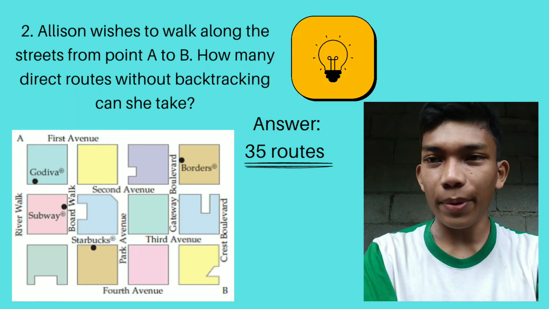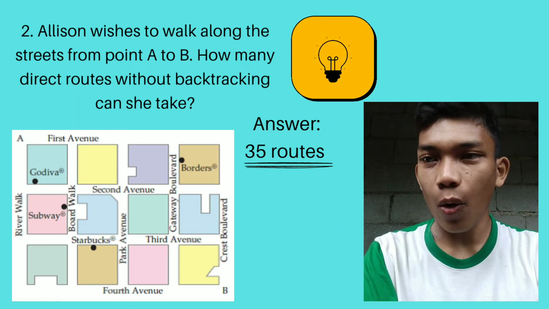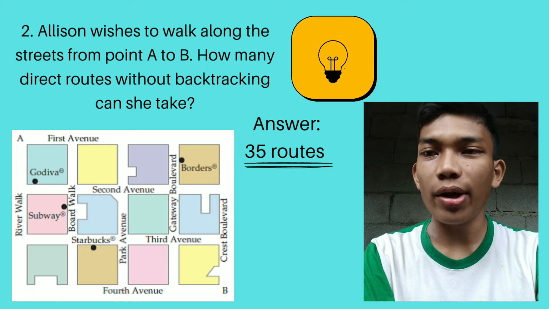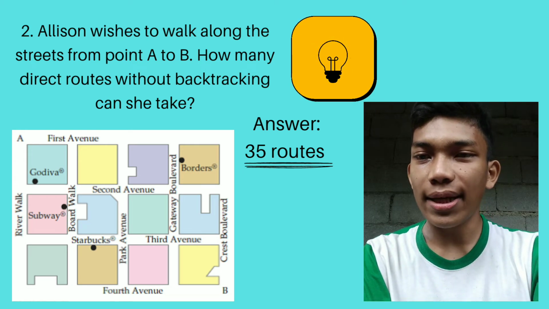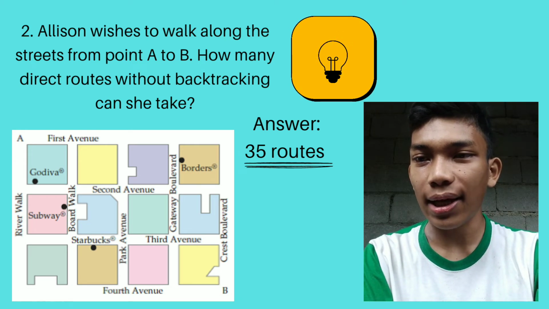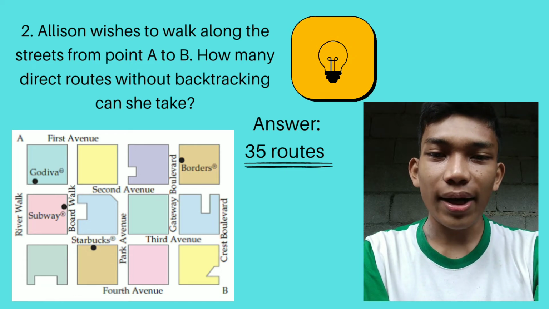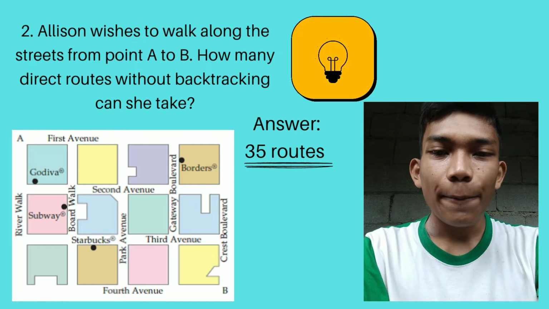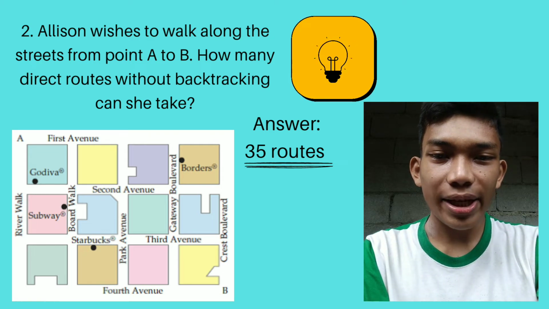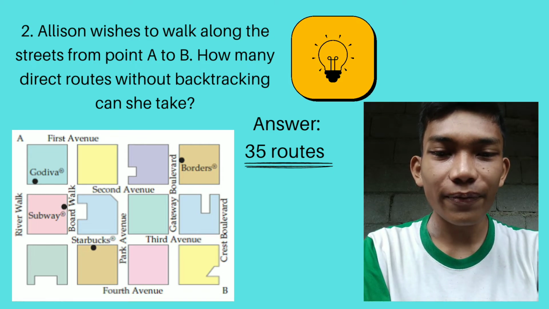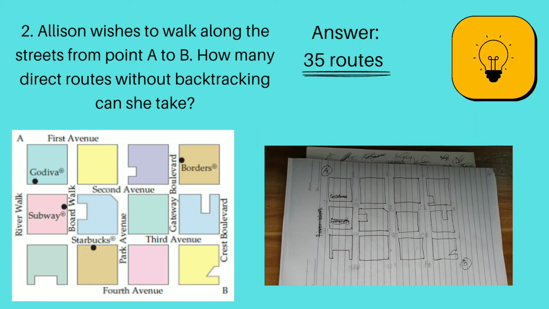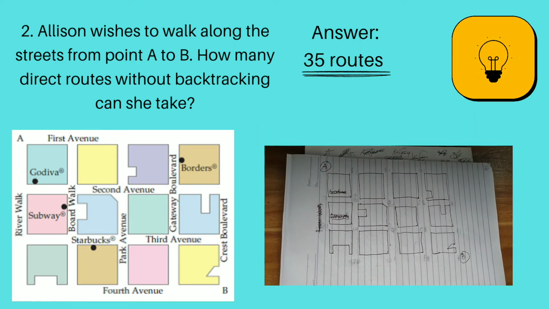Again, in question number 2, Allison wishes to walk along the streets from point A to point B. How many direct routes without backtracking can she take? So the answer is 35 routes. So why 35 routes? Let's make a sketch so we can check the answer of 35. So we imitate the sketch from the figure.